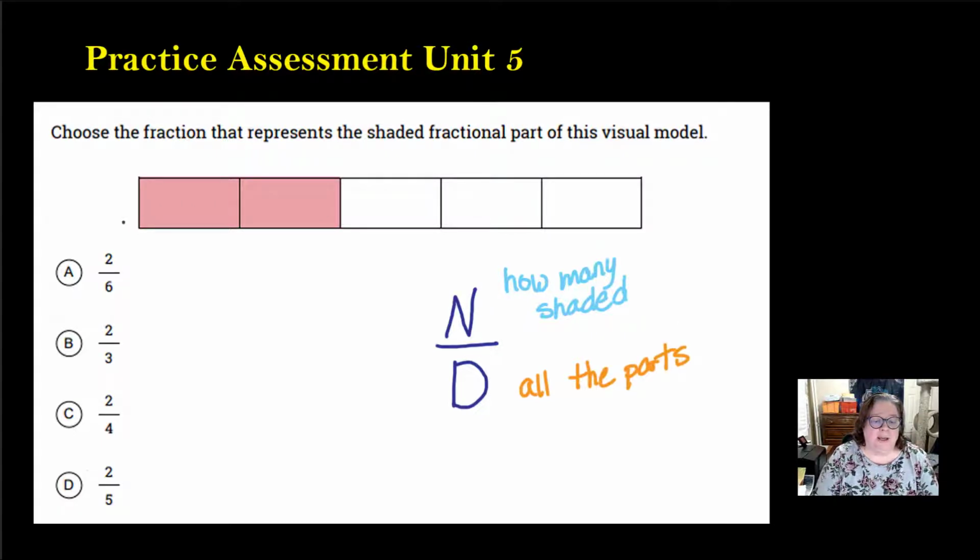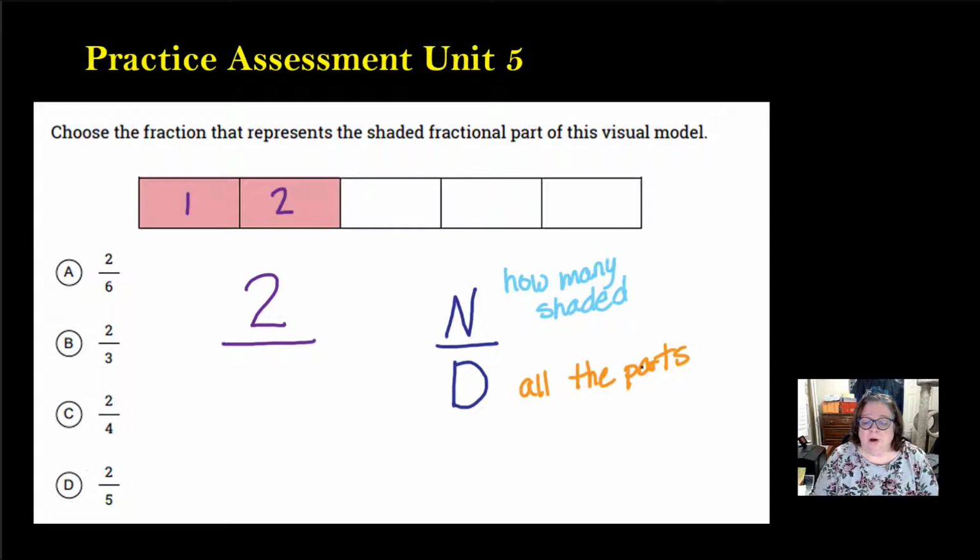So when we look at this figure here, let's figure this out together. How many pieces are shaded? That's going to be the numerator. Well, you can pretty much tell, but let's count. 1, 2. 2 pieces shaded, 2 pieces on top of the fraction line.